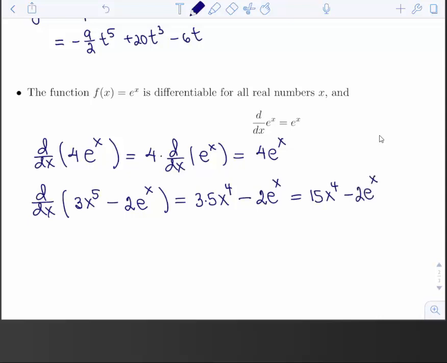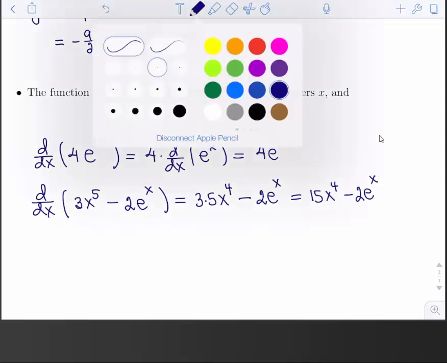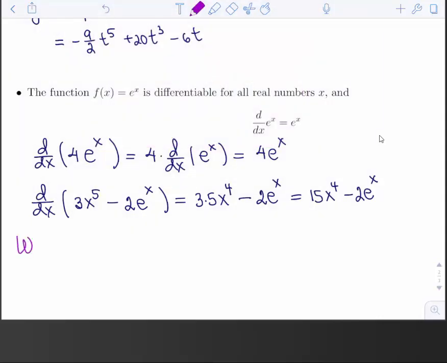All right? Now, I'm going to give you a quick warning here. This rule is good only if you have e to the x.